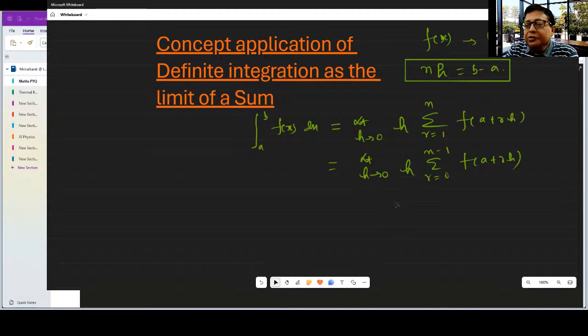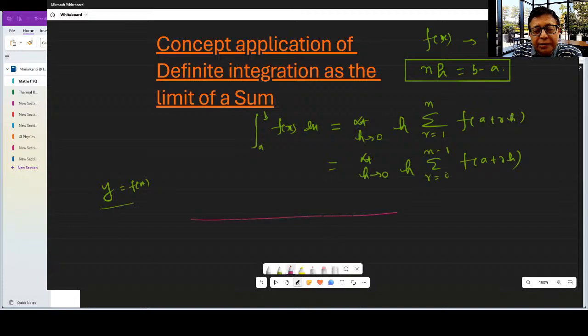Very quickly I am going to show you how to get this infinite series by using the concept of summation. Let this function y equal to f(x) be continuous over the interval a to b. In this interval it is continuous.